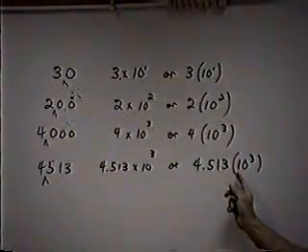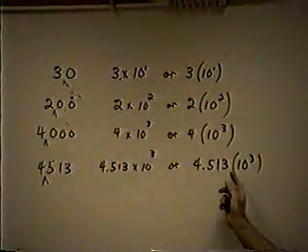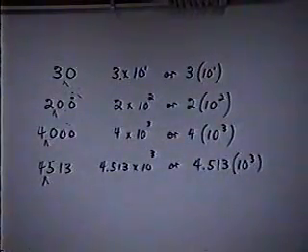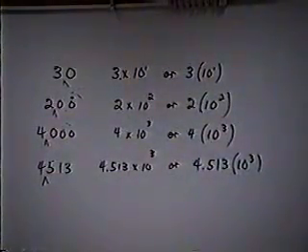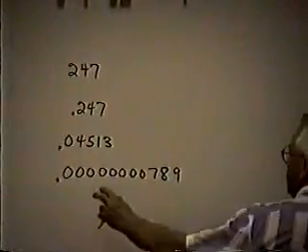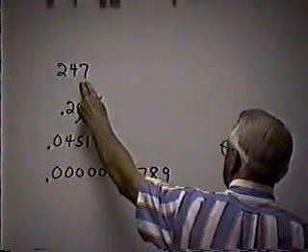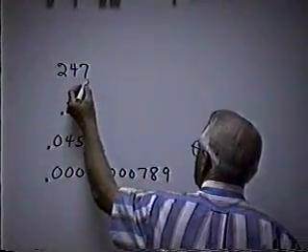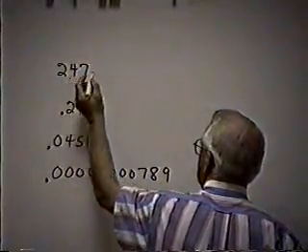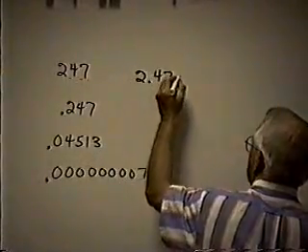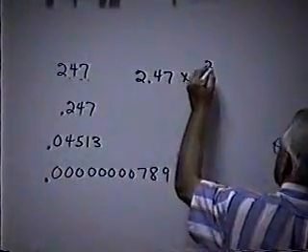So get used to seeing it this way on test exams and worksheets and so on. Well, let's look at some other examples. So we have 247. We want to change it to scientific notation. All right, how many places do I need to move it here? 2. So this would be 2.47 times 10 squared.